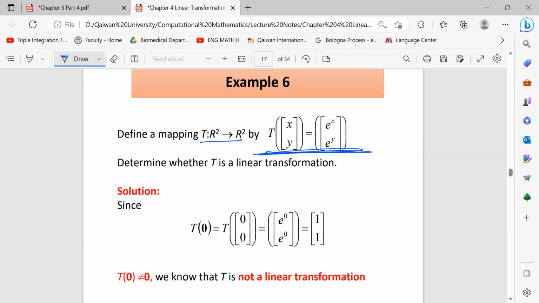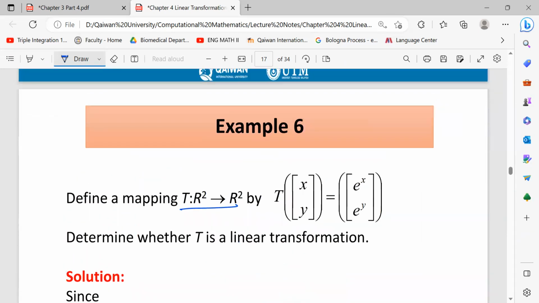That's the definition: T of x, y is e to the x and e to the y. It says, determine whether T is a linear transformation or not. You can use the conditions of transformation, and also you can use the properties. If it doesn't satisfy at least one of them, we say it's not a linear transformation.